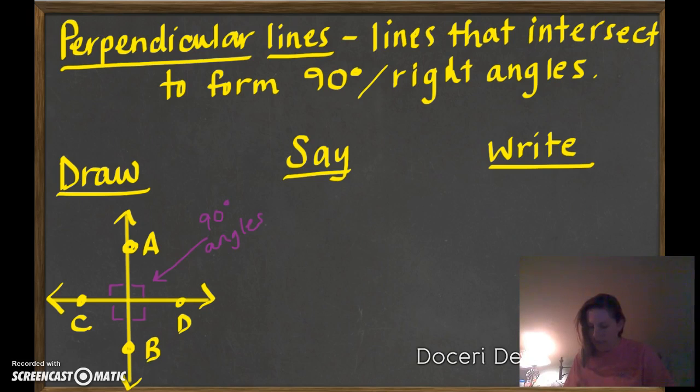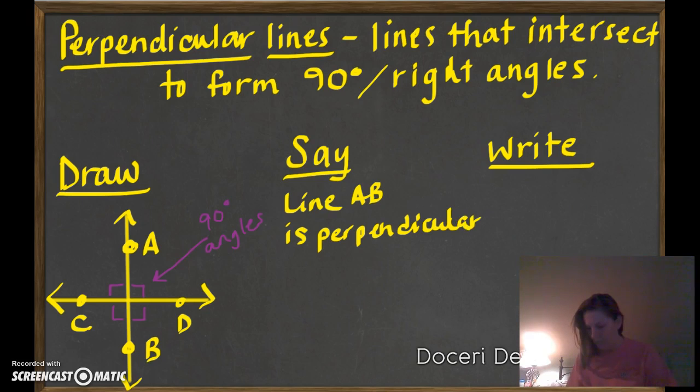And the way we would say this, we would just say line AB is perpendicular to line CD. And there is a special symbol for perpendicular. So when you write this as an answer to a question, you would write it using that special symbol.